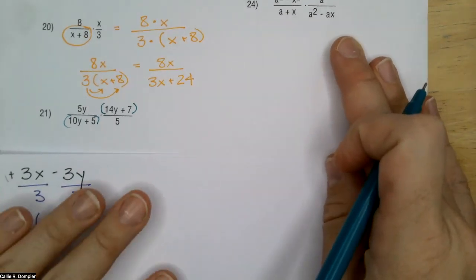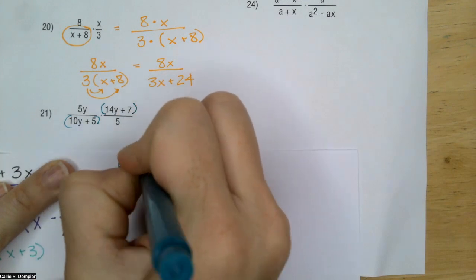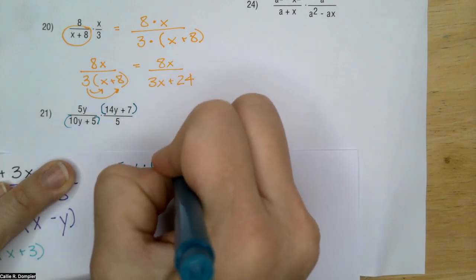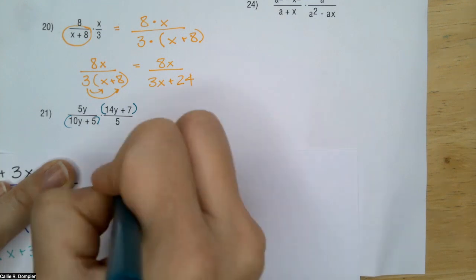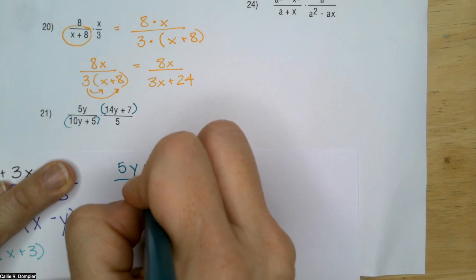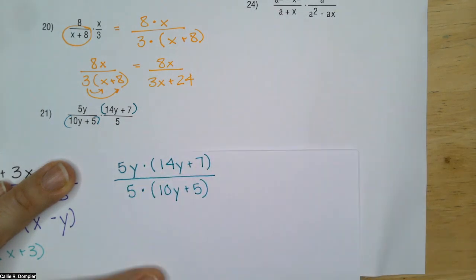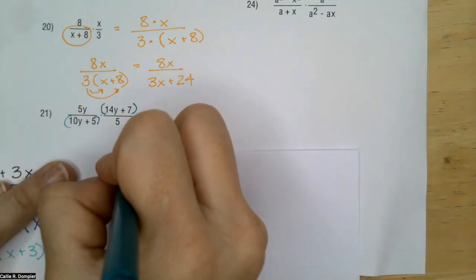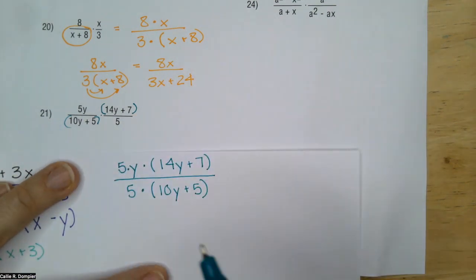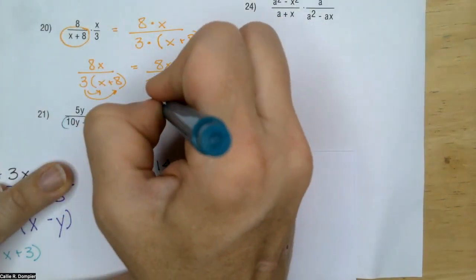5y times 14y plus 7 divided by 5 times 10y plus 5, right? And that 5y is actually 5 times y, right? 14y plus 7.